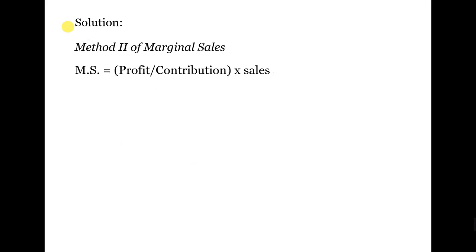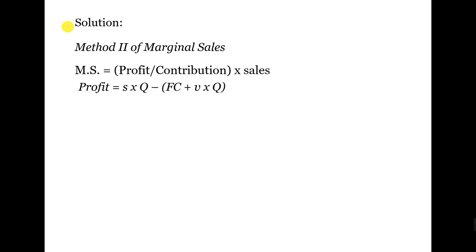For another method of margin of safety, we use the formula of profit over contribution and then multiply it by the sales. As we can see, there are solved values that we could substitute to the formula except for the profit. So all we need to do is to set the formula for the profit and substitute the given values.